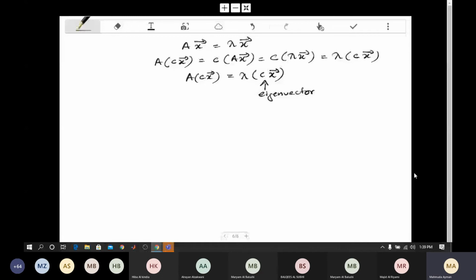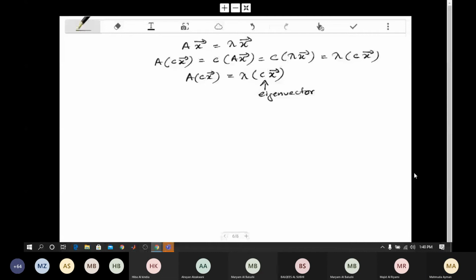So if you multiply a constant to the eigenvector and it still fulfills this condition, then that constant multiplied by the eigenvector is also an eigenvector. You will understand this in more detail when we start solving for the eigenvector.